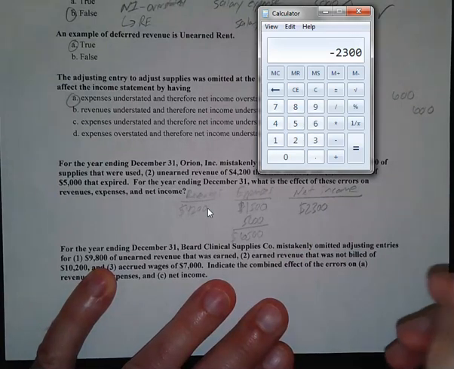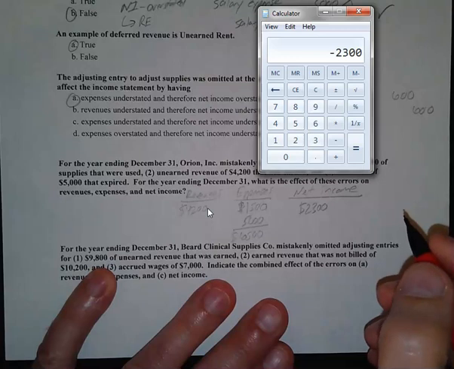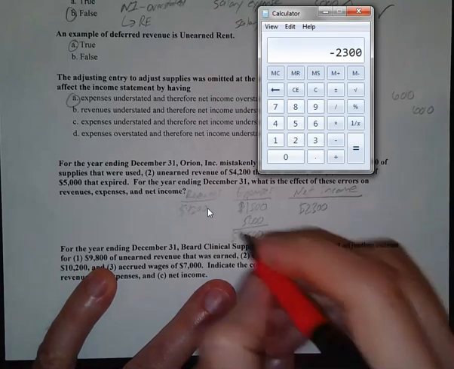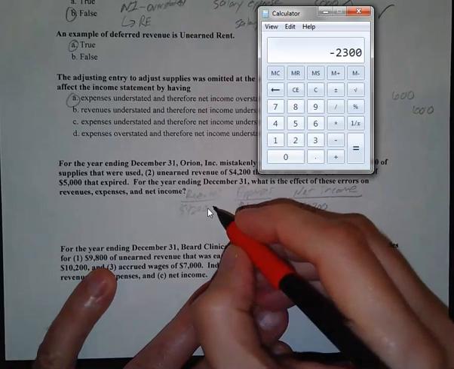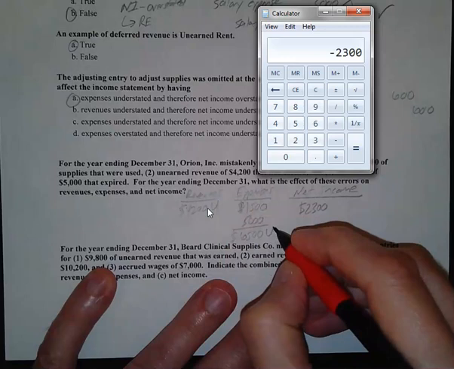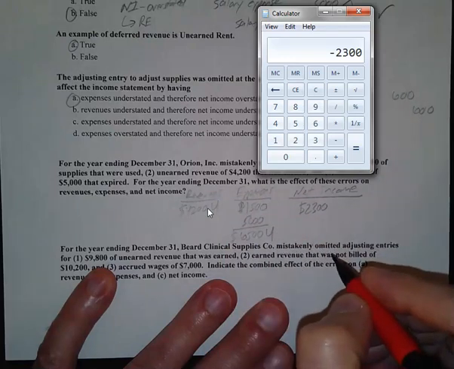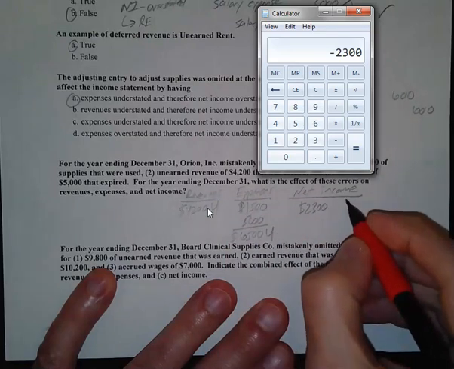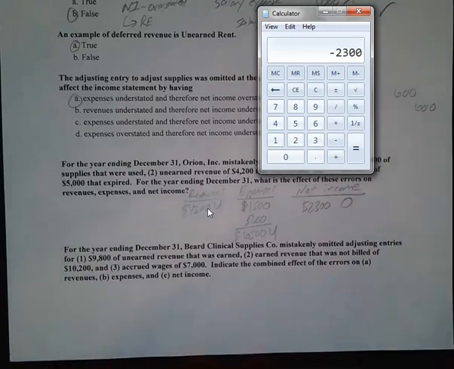Because it just says, what is the effect of errors on revenues, expenses, and net income? So we need to be a little bit more specific. Revenues are understated, expenses are understated, and net income is overstated. Okay? Overstated.